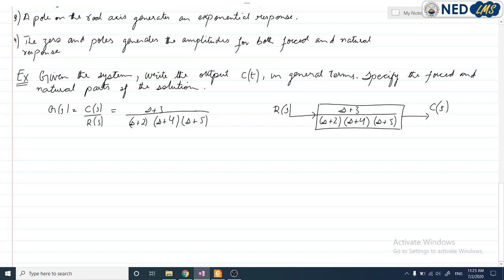So I am assuming that our input is unit step, so I can write here 1 over s in place of R of s, our input.